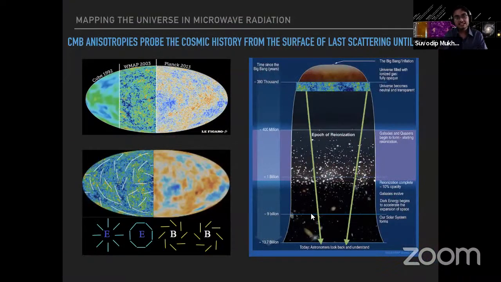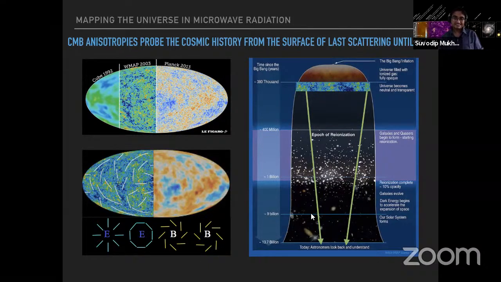Reionization is an epoch which you all want to know, and there are several probes to it. We have 21 centimeter, we have CMB. CMB is a very powerful probe because it is useful to map the cosmic history from the surface of last scattering until now.